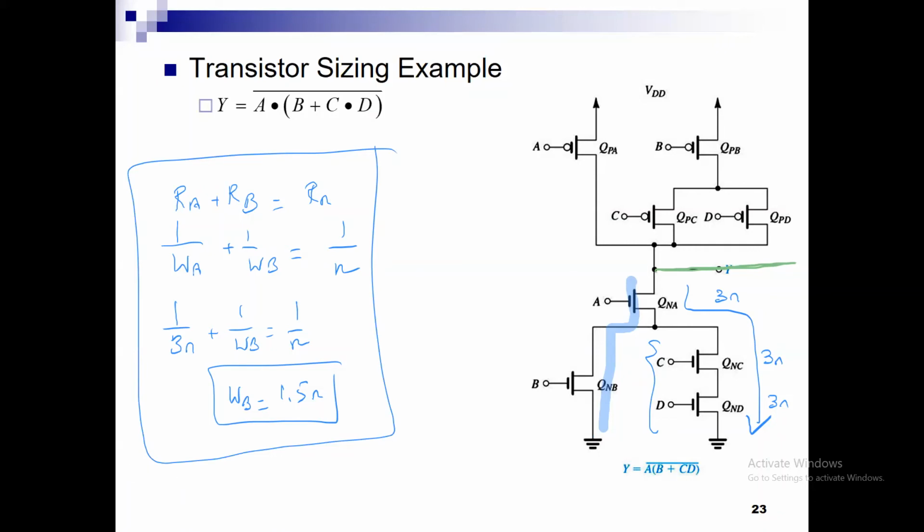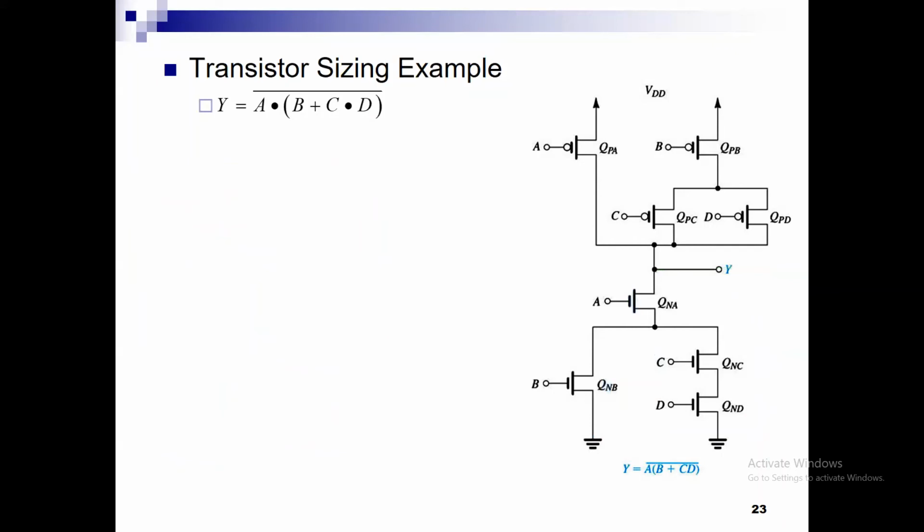Let us now look at how else we could have done it if I had sized this as 3N, 3N, 3N. I would say that this is R over 3. This means that this needs to be 2R over 3 if I'm following this path, and therefore the W would be 3 over 2 times N. So you can either use 1 over W or use the resistance. 1 over W is also fine, and invert the ratio.